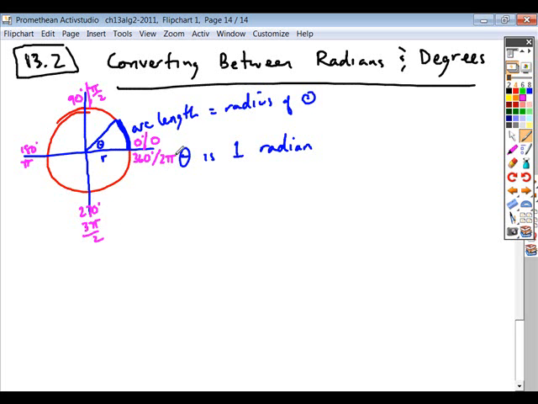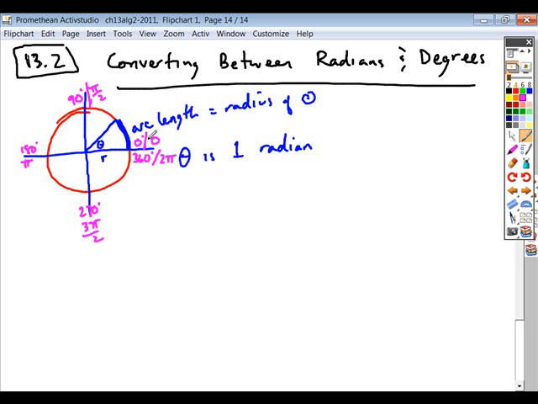Now, this should make sense because I think I went through that the circumference of a circle is 2 pi r, right? And if your radius is 1, that 2 pi is going to be equivalent to that whole rotation.